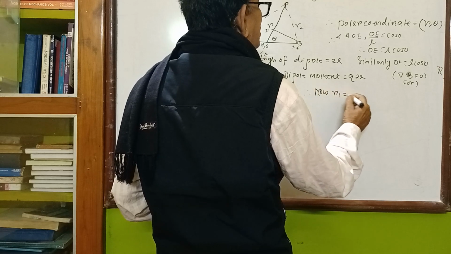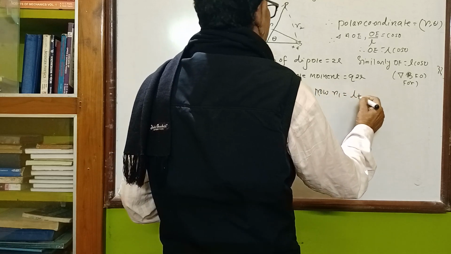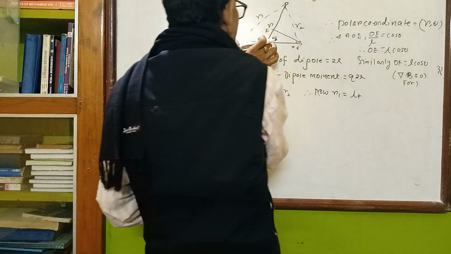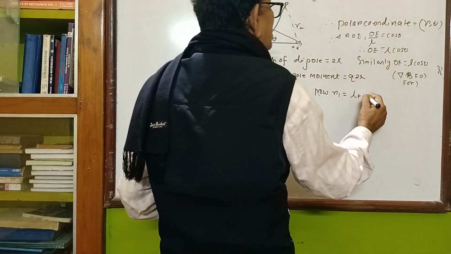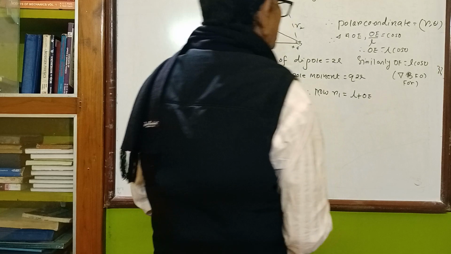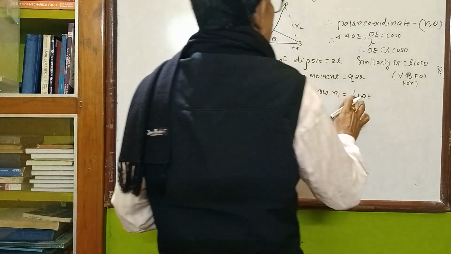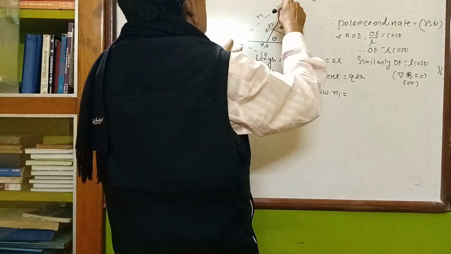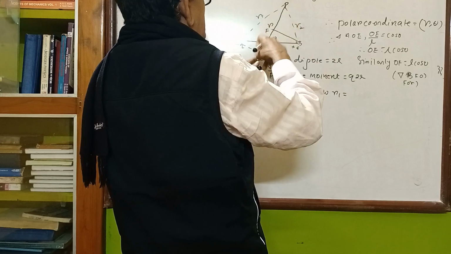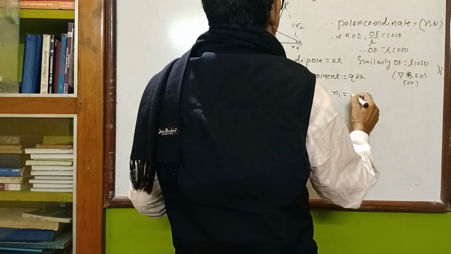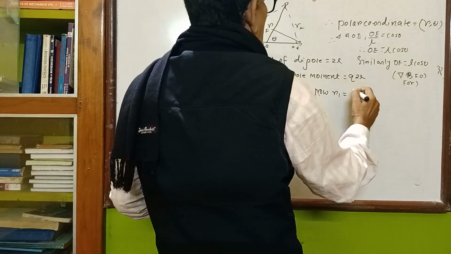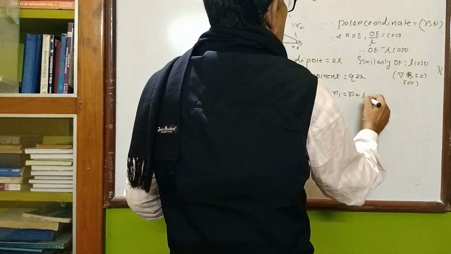So we have R1 equal to, this is R1, you are writing r plus L cos theta. How are you getting?